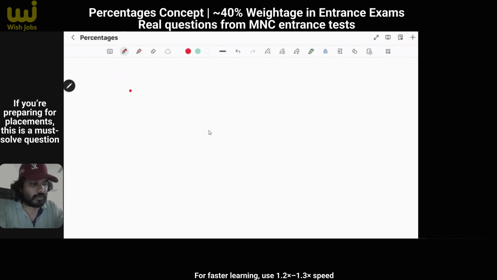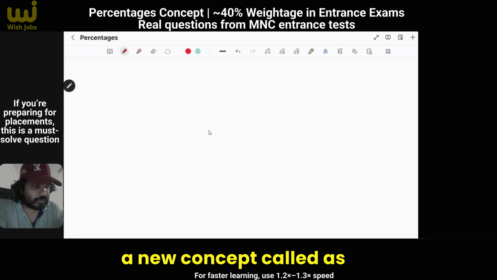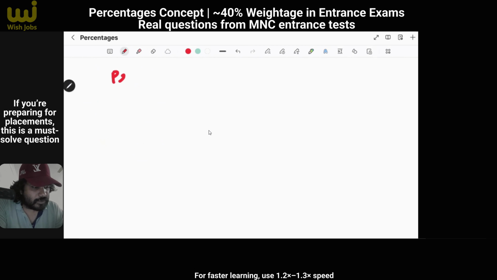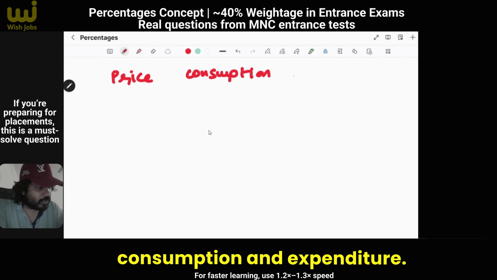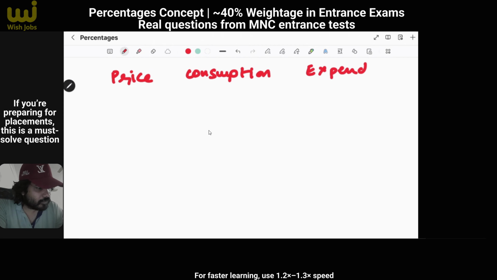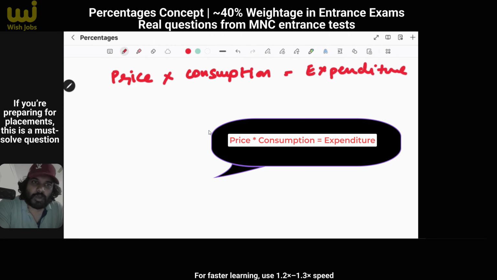Now we will understand a new concept called price, consumption, and expenditure. This is the basic formula of expenditure: price into consumption equals expenditure.